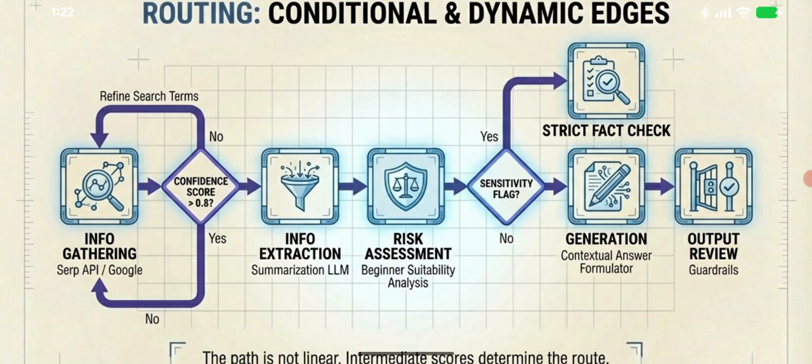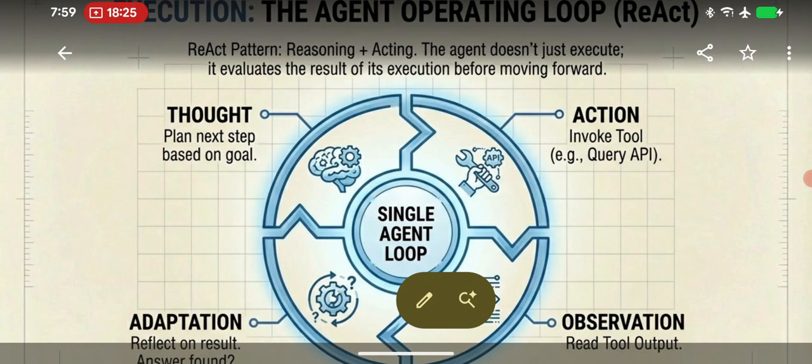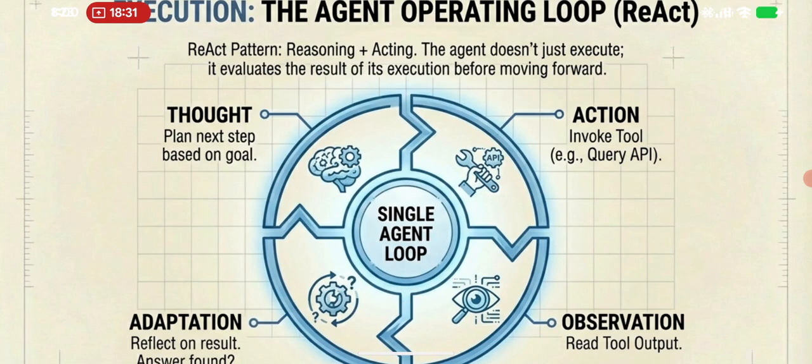The arrows mark the edges and the blocks mark the agents, and these diamond-shaped blocks are decision-making conditions which can be defined in the LangGraph object, which will define the flow of the outcome.